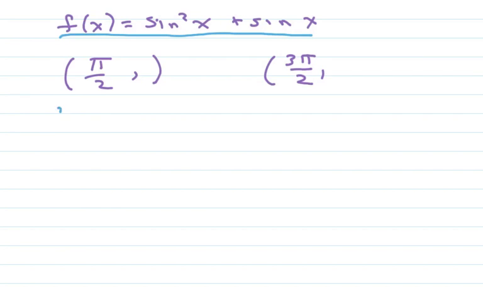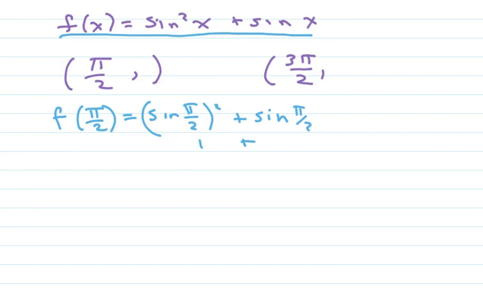When you plug in, for example, f of pi over 2, you get sine of pi over 2 squared, which is just 1, plus sine of pi over 2, so that's 1 plus 1, which equals 2.